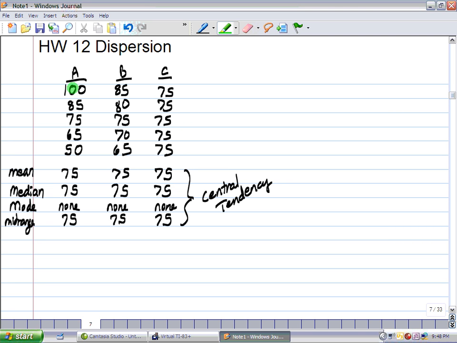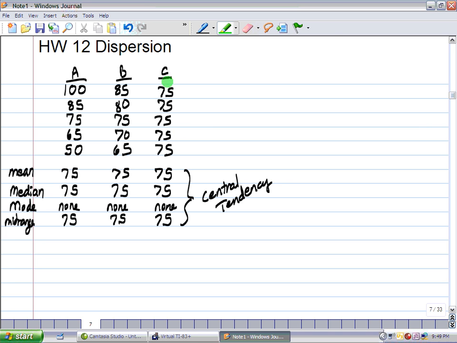Take the mode. None is more frequent than the other in any of these, so there's no mode. And the mid-range, the average of the high and the low: 55 and 95, 150, 65 and 85, 150, 75 and 75, 150, divided by 2. Those are all 75. But clearly when I look at these, they're different.